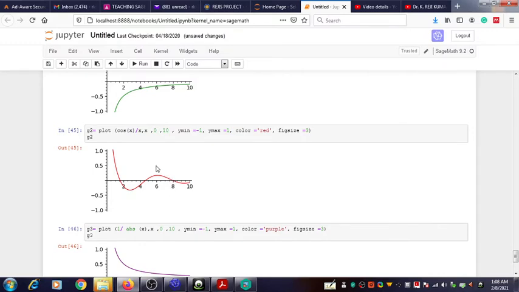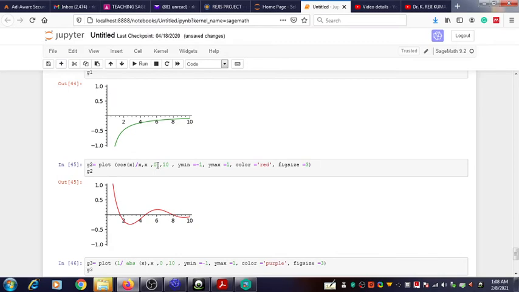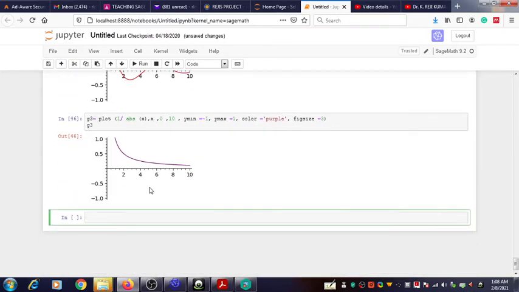Now we are trying to combine the figures of the three curves. How can we do that? G1 contains the first function, G2 contains the second function, and G3 contains the third function. So we want to combine all three figures.